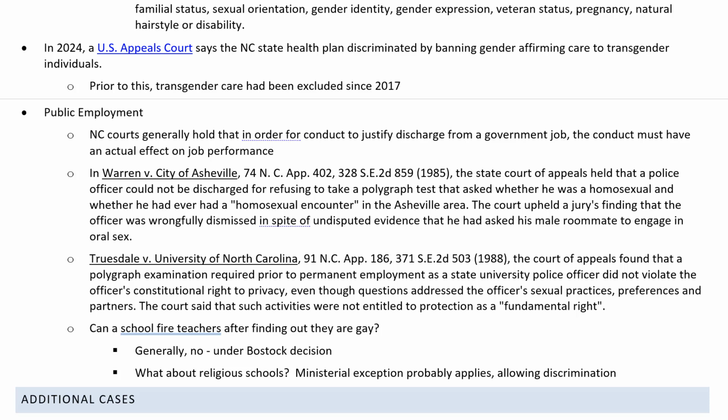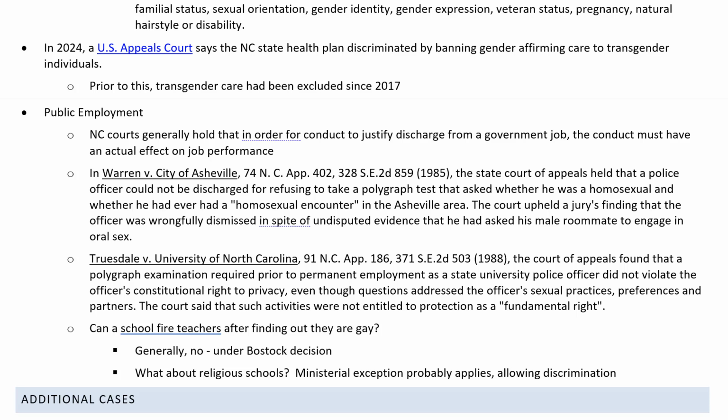Could a school fire a teacher after finding out they're gay? This depends on whether we're talking about a public school, in which case generally no, under the Bostock decision. What about religious schools? So private Christian schools or Muslim schools, whatever you might be. If you're a religious owned institution, the ministerial exception probably applies there, allowing discrimination.